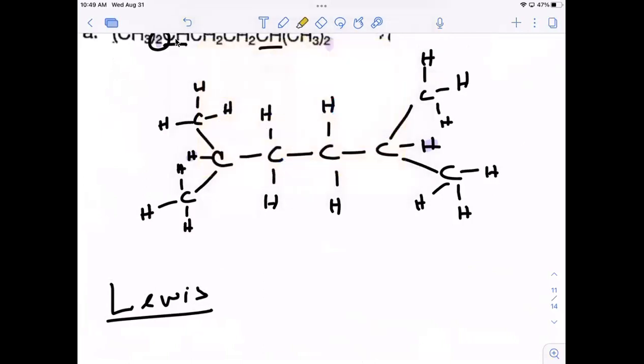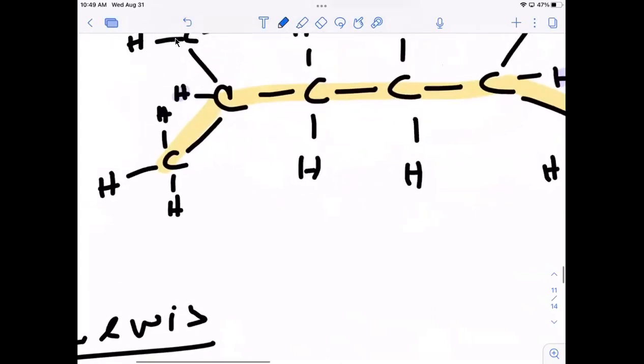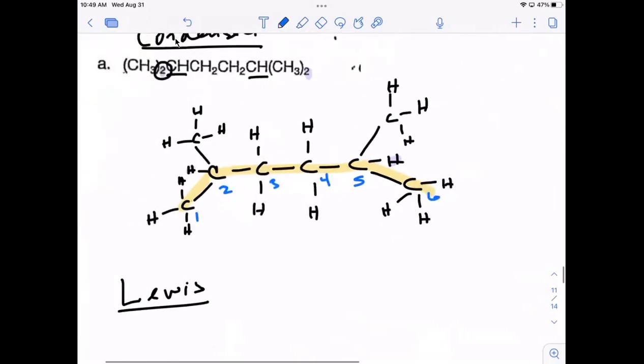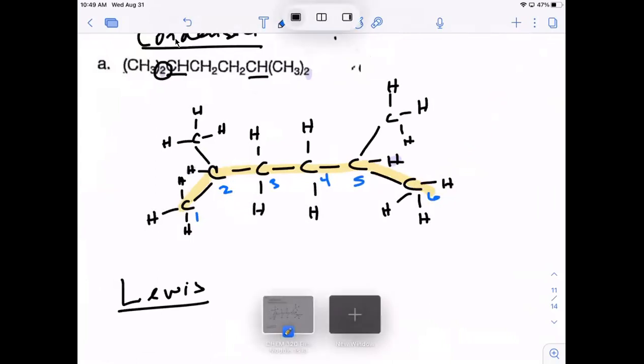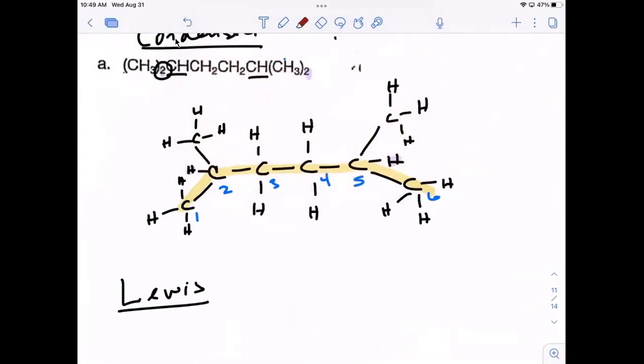So if I were to sketch out the longest chain, I can start from either side, but I'm going to start here, like that. And if you'll notice, there are 6 carbons in that chain. 1, 2, 3, 4, 5, 6. If I went the other way, that would work too, but it's still going to be the same number of carbons in the longest chain.